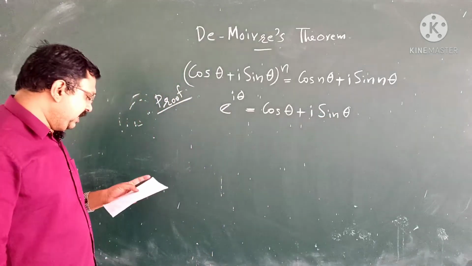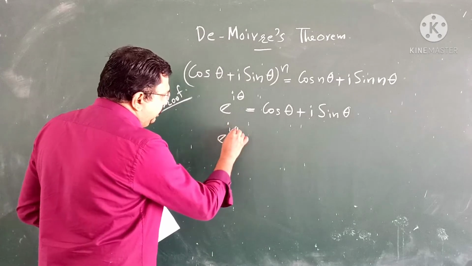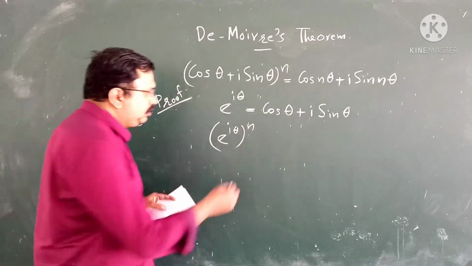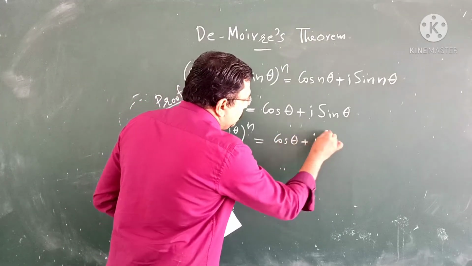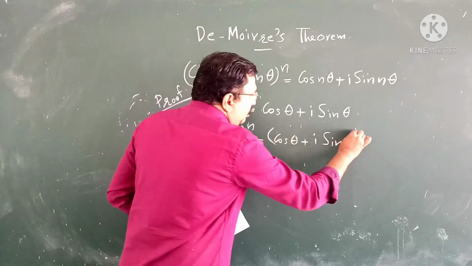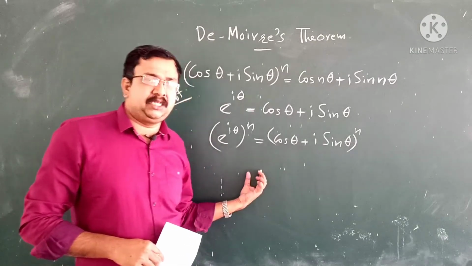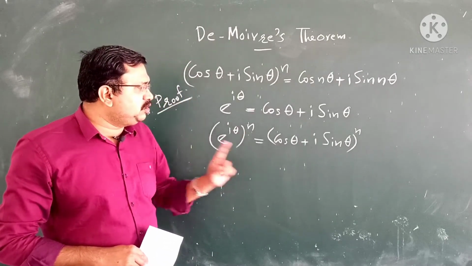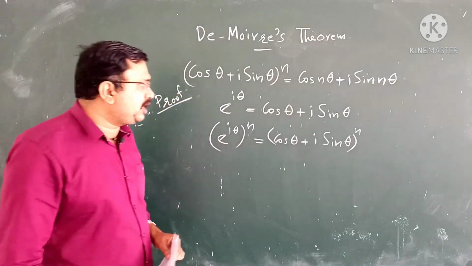On the next step, (e raised to i theta) the whole raised to n equals (cos theta plus i sin theta) the whole raised to n.